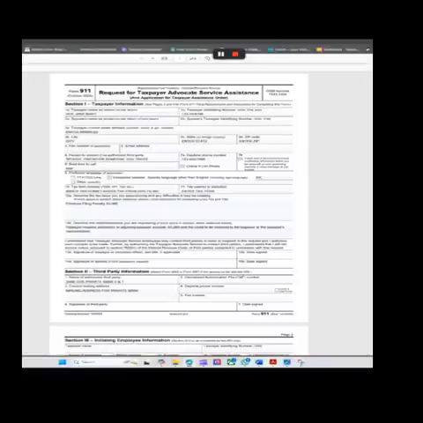Taxpayer identifying number, enter your social, enter your address. Don't do anything funny. Don't add non-domestic or without the United States. None of that is necessary. City, state, zip. If you have a fax number, enter a fax number so you can get a response quicker, okay? Email address, enter an email if you feel comfortable doing so.